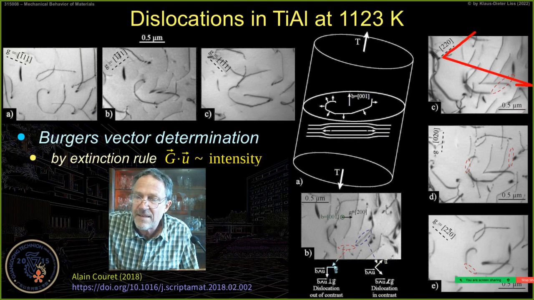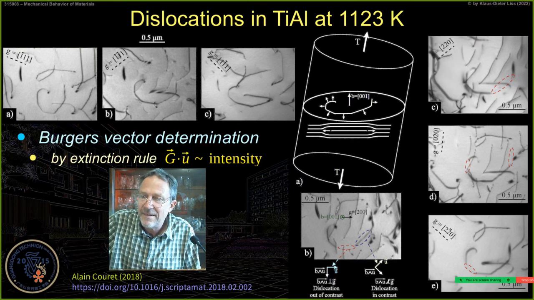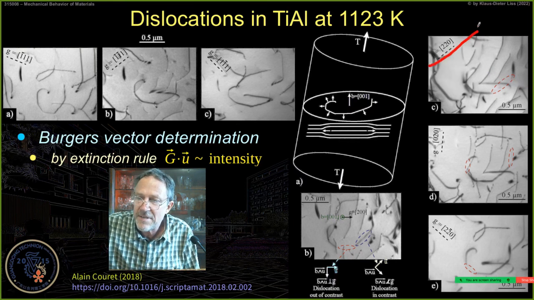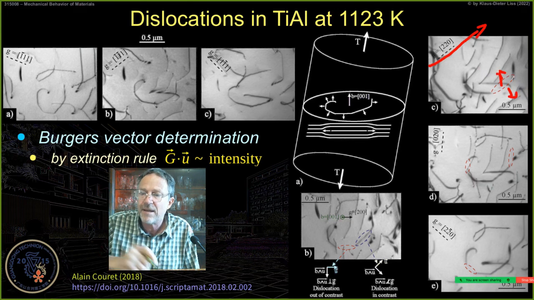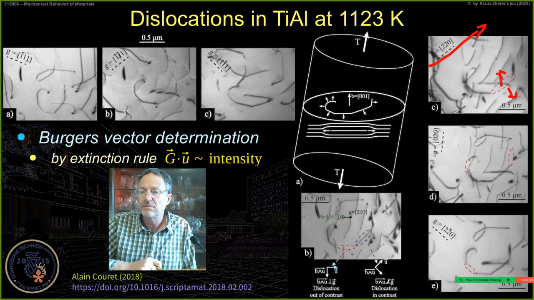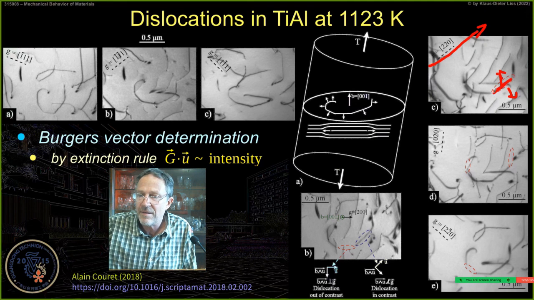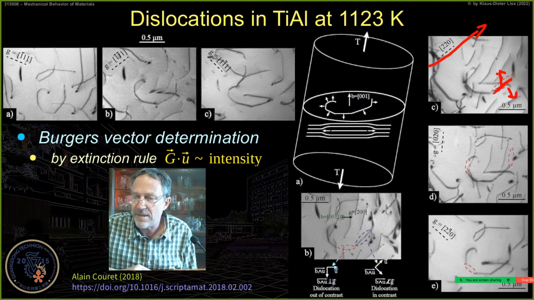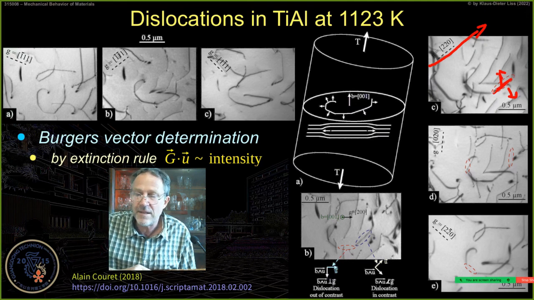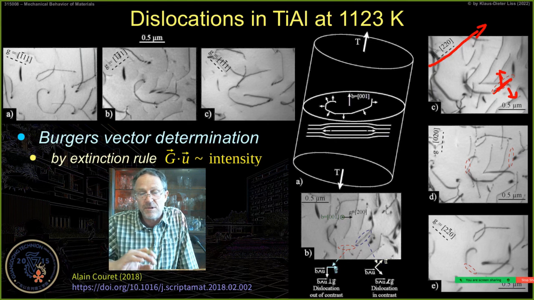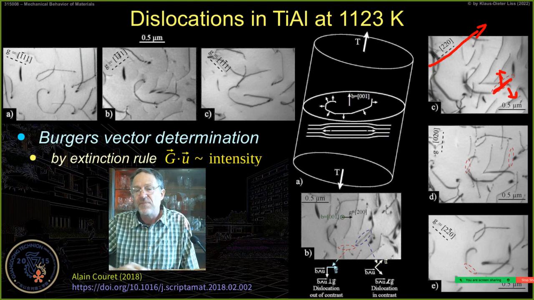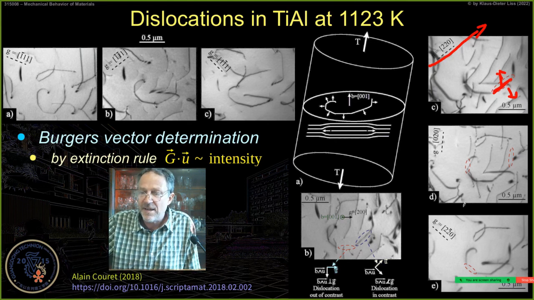So if the scattering vector is indicated in this direction, then we know the Burgers vector must be perpendicular to it in this direction for this dislocation here. Or at least the displacement, not the Burgers vector. Displacement has to be in this direction.